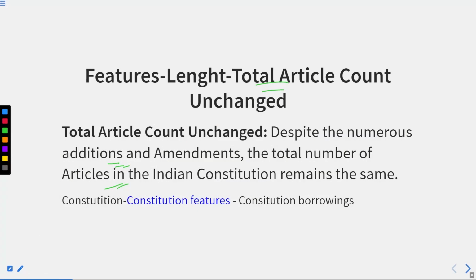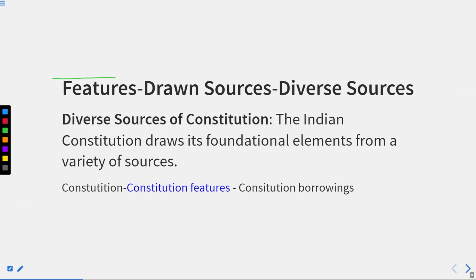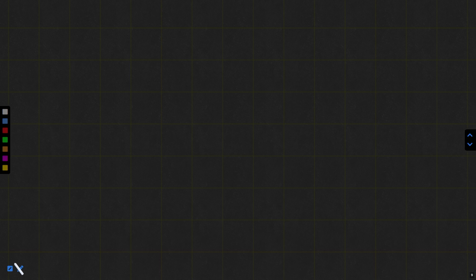So that's why the total article count is almost unchanged. All right. Now let's move forward. In features, the second topic we have is the drawn sources. What do we mean by drawn sources? These are diverse sources. In the previous lectures, I told you that in the making of the Constitution, we have taken the help of three things.